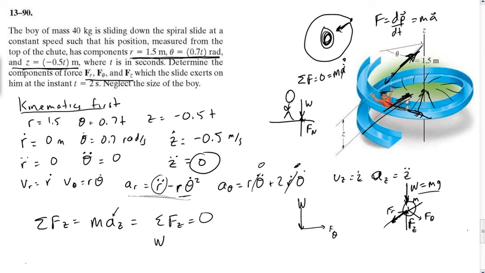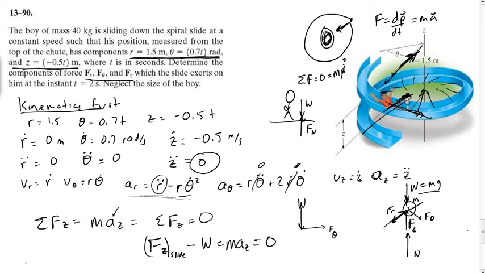And actually I'm going to call this direction positive. So there's a normal force that the slide is exerting on the boy, which is in the positive upward direction. So that would be force, we'll call it force Z of slide, minus the weight of the boy, and that has to equal the mass times the acceleration of the boy, which we already said was 0.